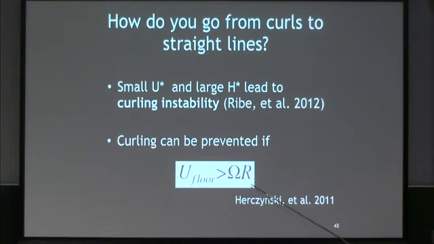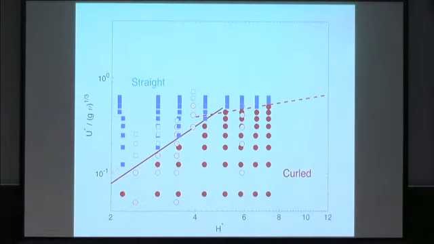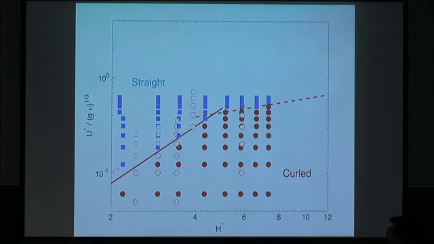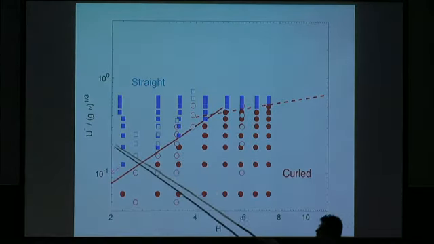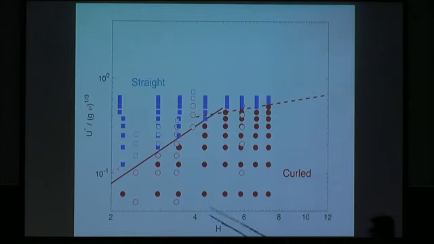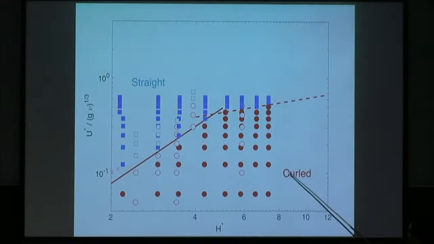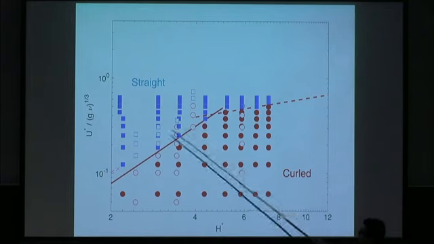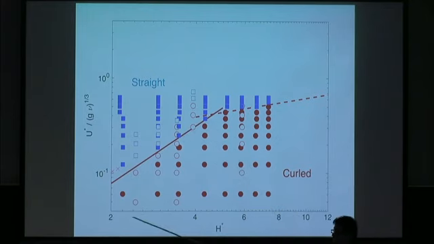And again, what we did is to plot all the experimental results in terms of the dimensionless speed as a function of the dimensionless height. The red dots are the coiling figures, and the blue symbols are straight lines that are deposited after you have done this experiment. This shows a white space here because now we know how to coil or not to coil.